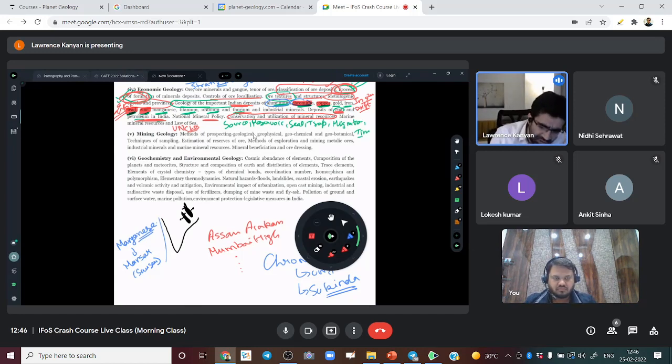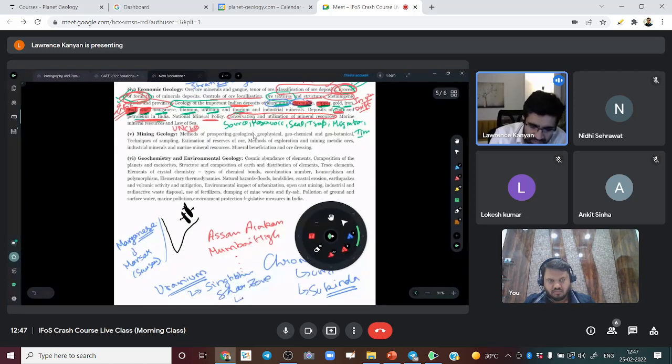If they ask you uranium, just remember the keyword. First of all, they are found near Singhbum shear zone. Remember this keyword and remember Jadugoda mines.